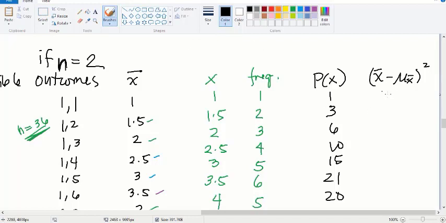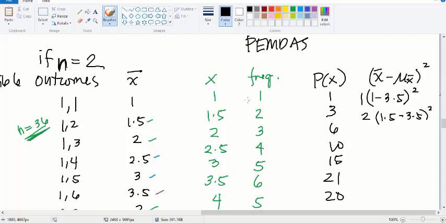Okay. So 1 minus 3.5 yung ating mean times 1 ang frequency square. Okay. And then yung isa naman, 2 ang kanyang frequency, 1.5 minus 3.5 square. Guys, remember, mauna ang parenthesis, mauna ang exponent bago multiplication.